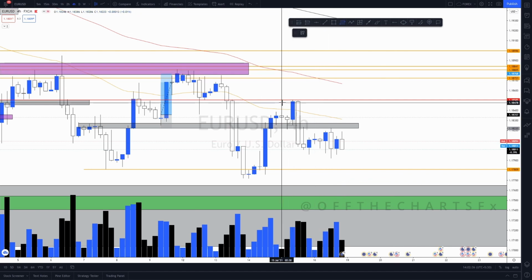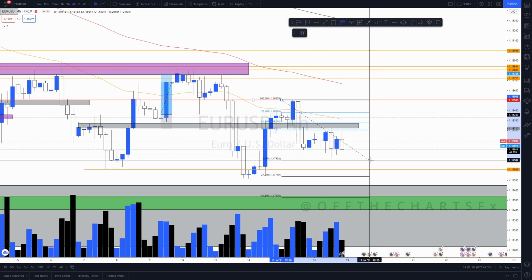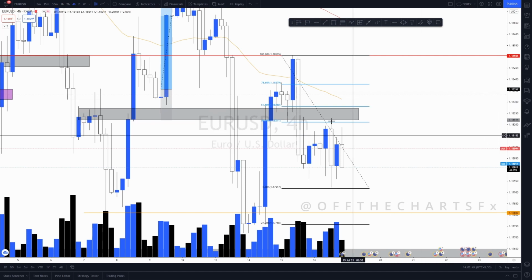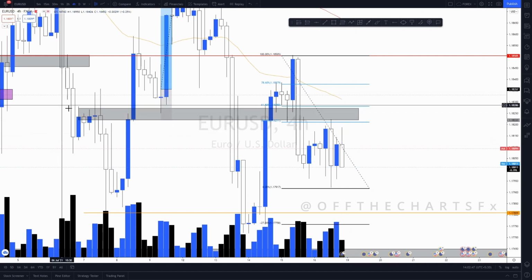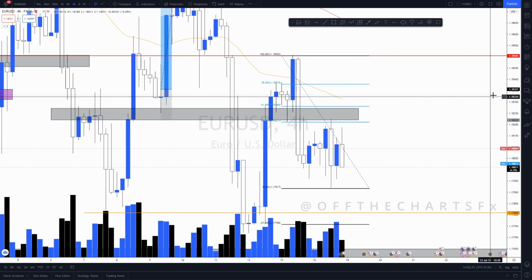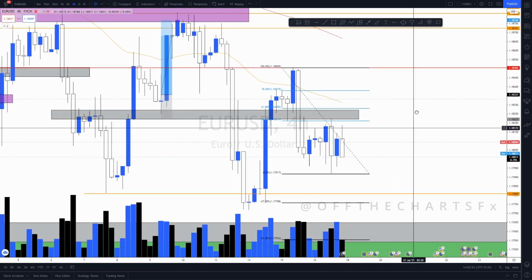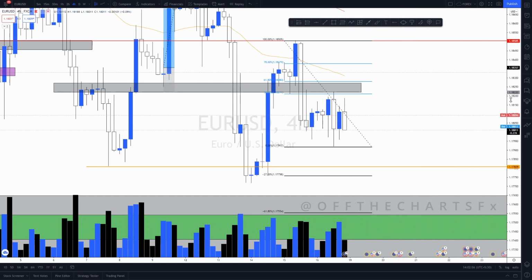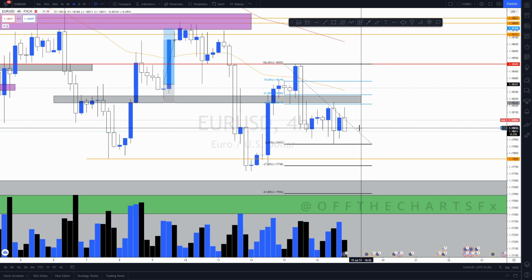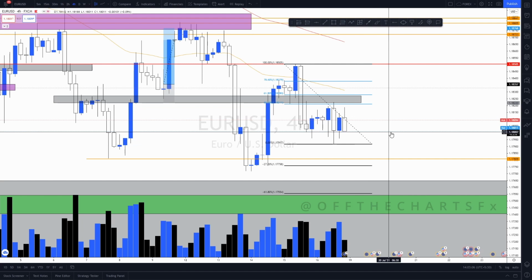If we draw a fib from the high to the low, we can see this is a clean retracement and then price failed above it, and after failing, price is now moving to the downside. If you want to have a position on either the buy or the sell side, I will say you just have to wait for your confirmation.